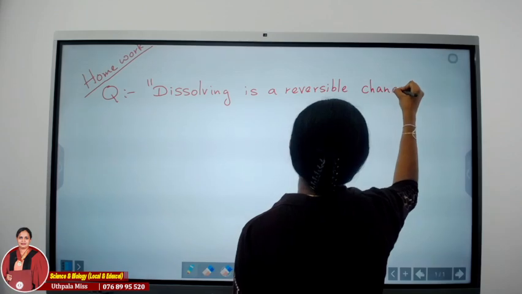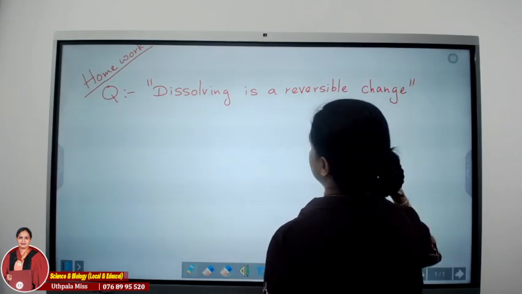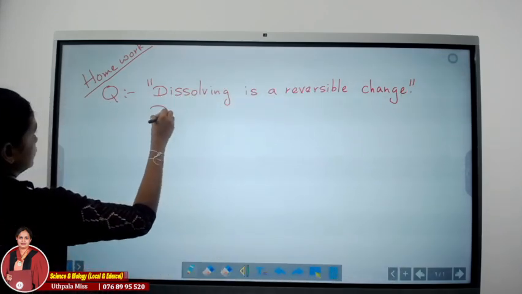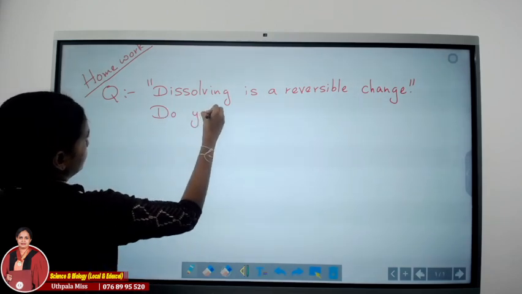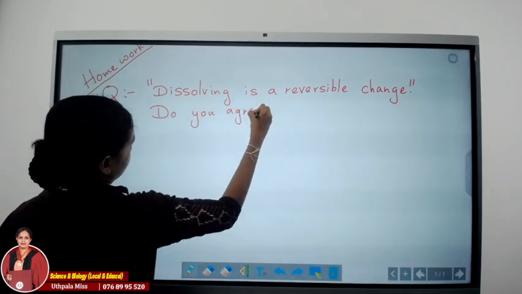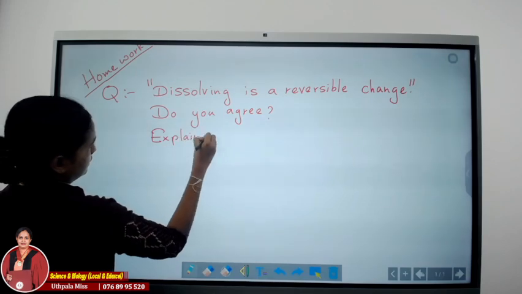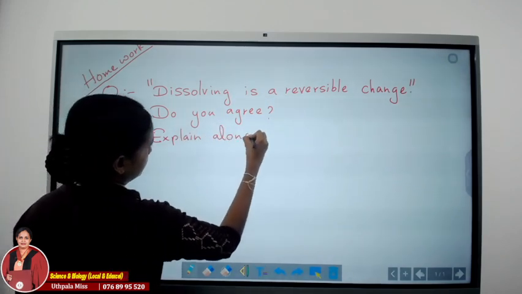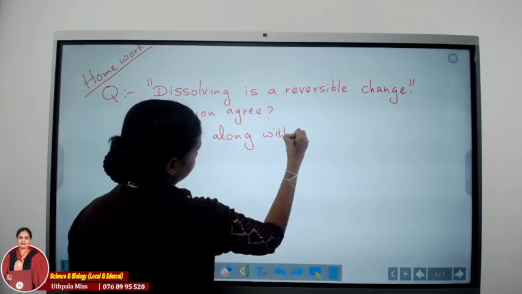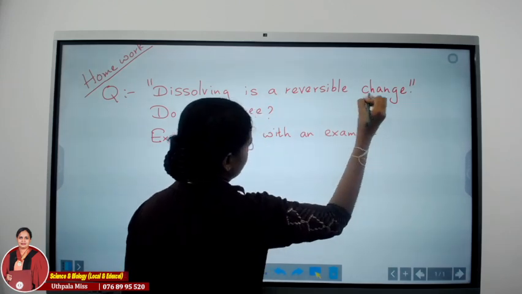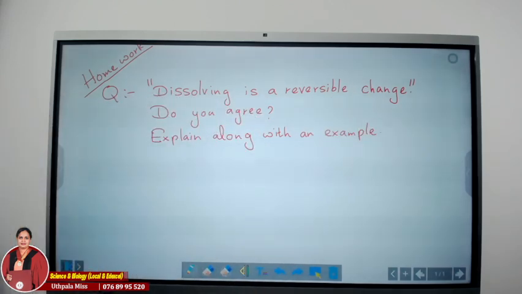You can just reverse the change that has happened. Dissolving is a reversible change. Do you agree? Explain along with an example. Right, you have to do this and join.